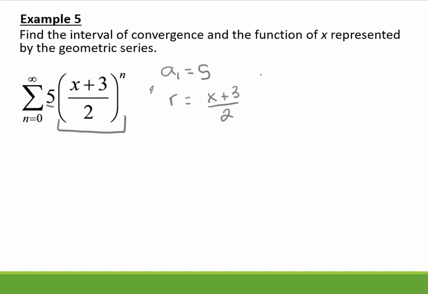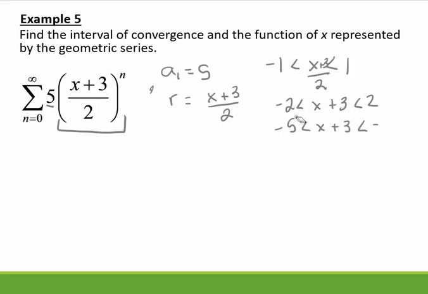So the interval of convergence means that ratio needs to be between -1 and 1. So we need to solve that inequality. So I have -2, if I subtract 3, I forgot to subtract 3.